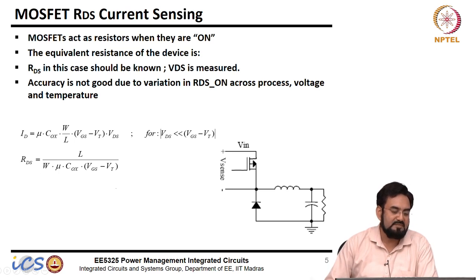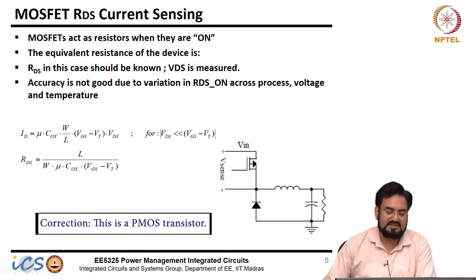But the problem is this RDS on is not fixed. It will vary with temperature, because the threshold voltage may change with temperature, and process may also cause some variation. So it varies with PVT and is not very accurate. It even varies with voltage because of the VGS: how much voltage you apply across gate to source will also determine it.